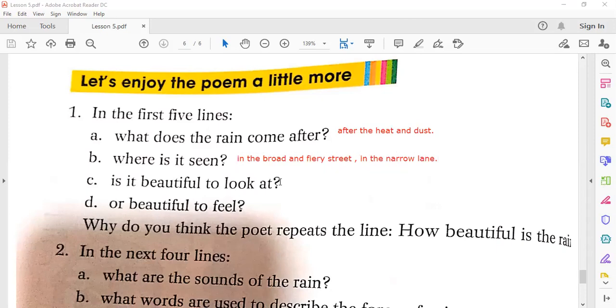Okay, next. Is it beautiful to look at? Yes, that is the answer. Or beautiful to feel? Both. Yes. Next one. The poet repeats the line for emphasis.